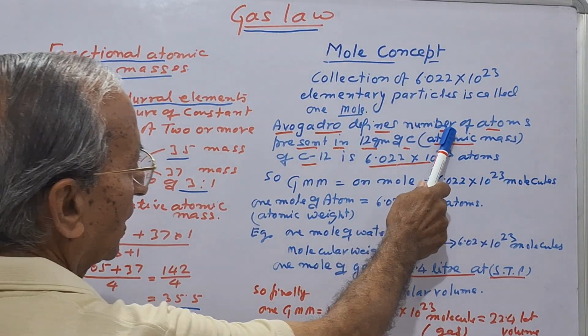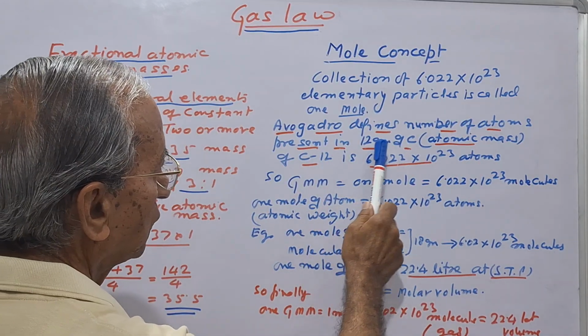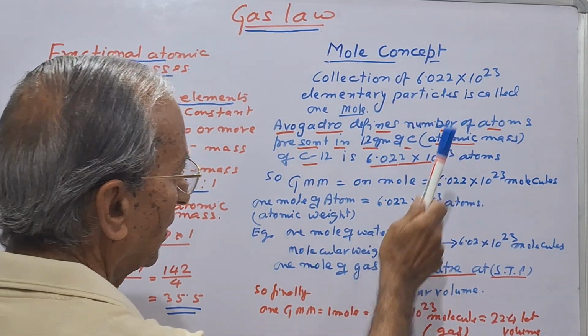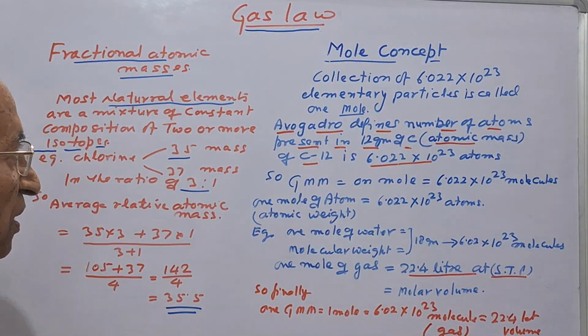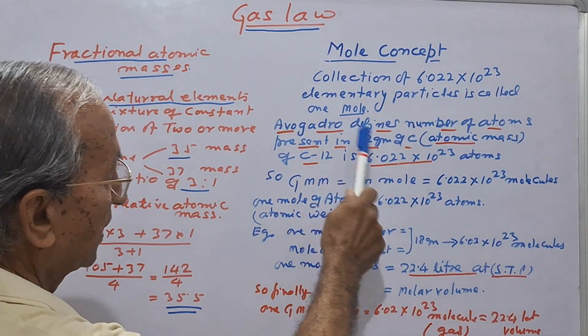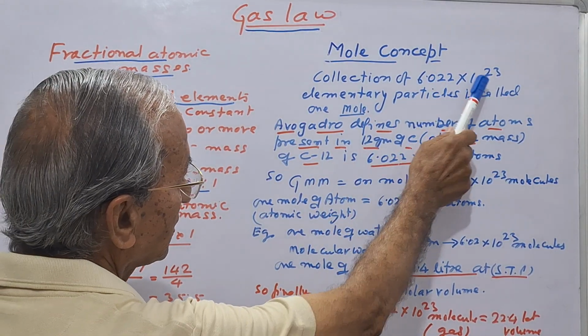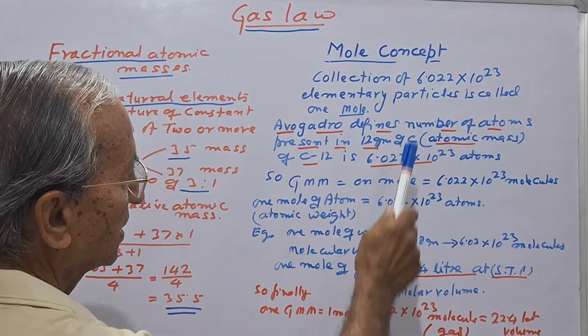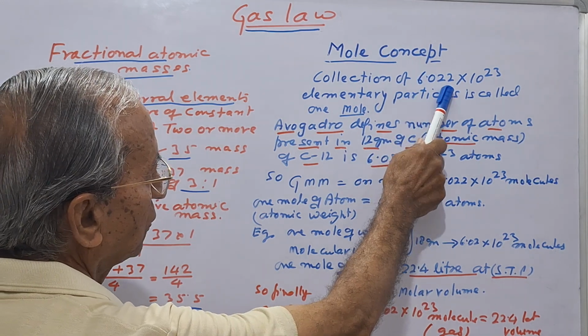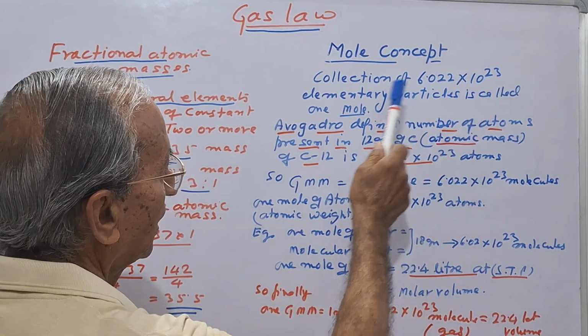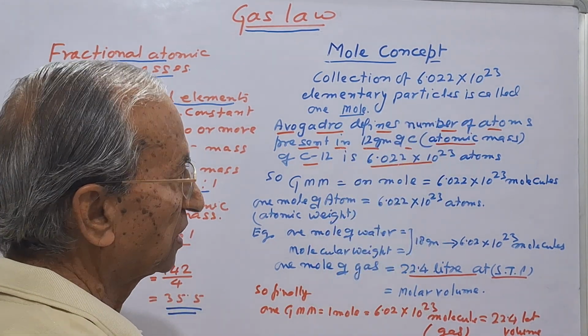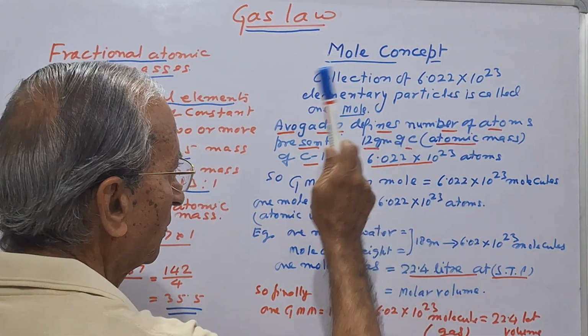Here, the number of atoms present in 12 gram atomic mass, that is atom. So it was said that the collection of this much number, that is 6.022 10 to the power 23 elementary particles is called 1 mole.